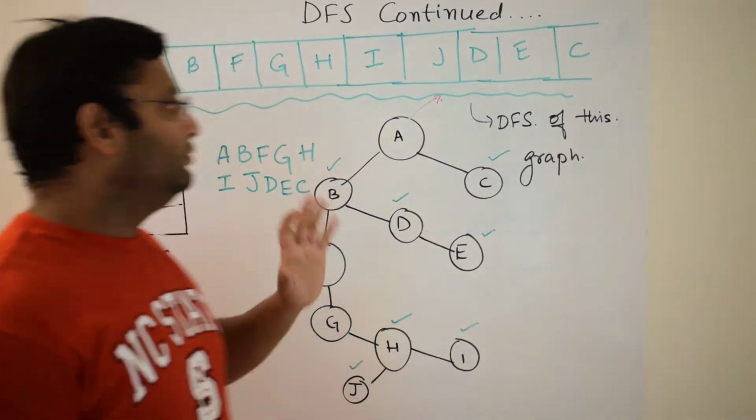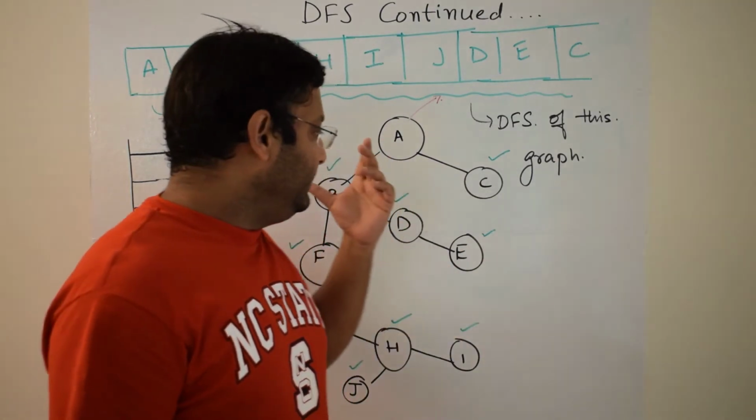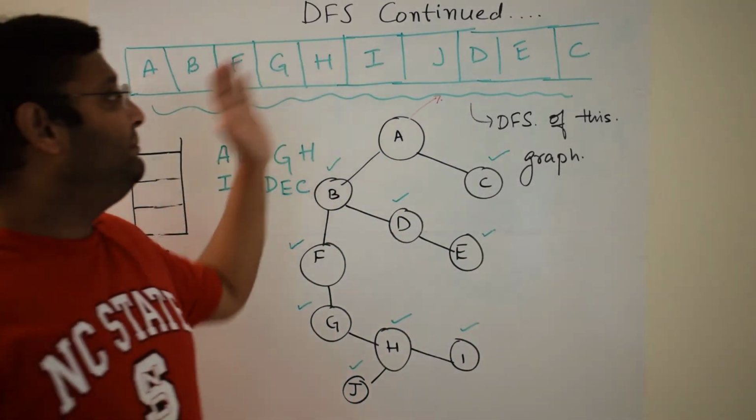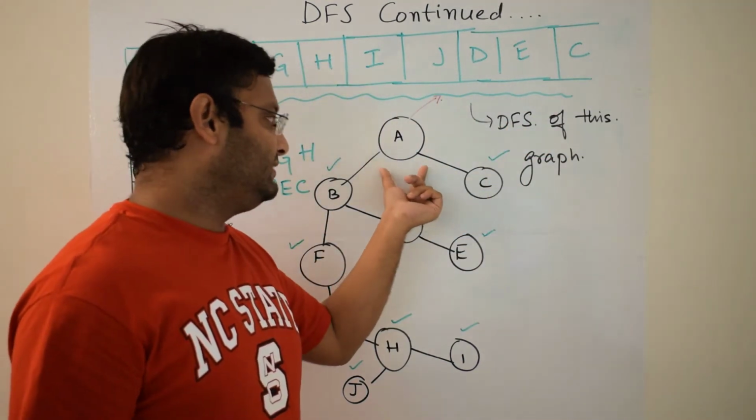Okay, so as you might have guessed, no. There could be multiple versions of DFS traversal of this graph, even if we have started with node A.